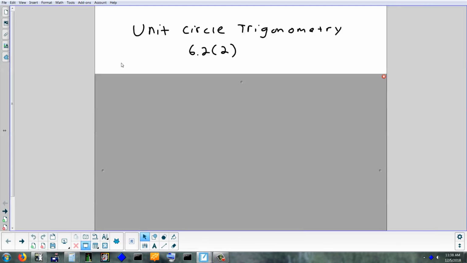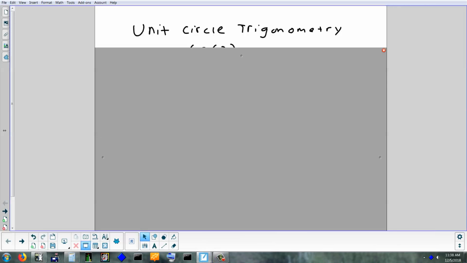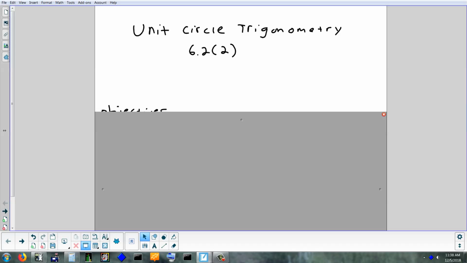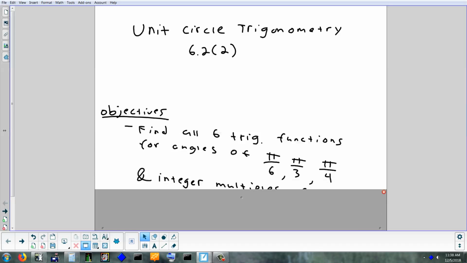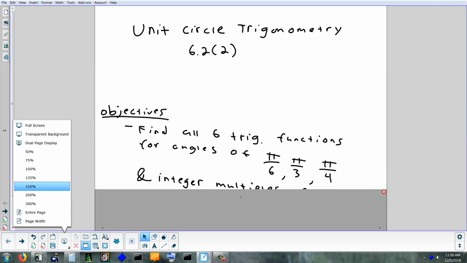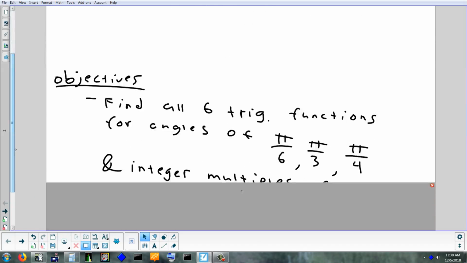So let's continue looking at the beginning of the second part on unit circle trig. We ended with Jake asking us about what if it's like a 30. I think it was Jake that asked us about what if it was a 30, and I said we hadn't done that yet. Well, that's the goal of this section: to be able to find all the 6 trig functions for angles that are either 30, pi over 3, which is 60, and pi over 4, which is 45.